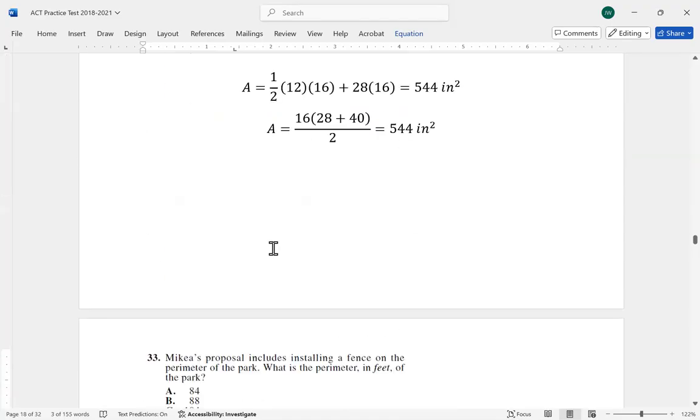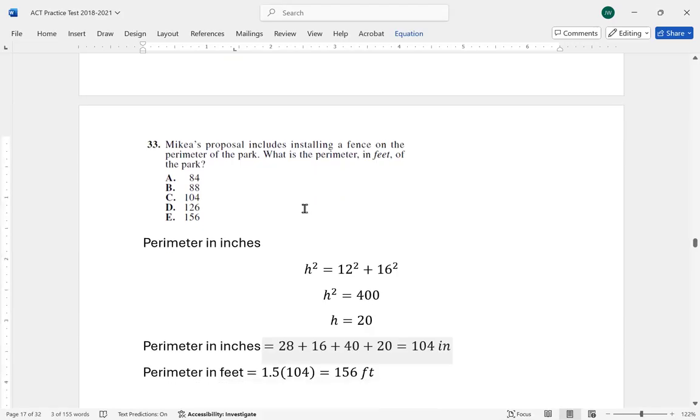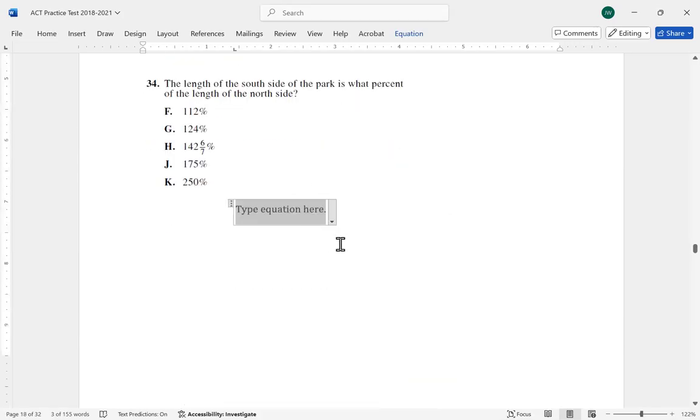Now, the south side of the park is this bottom. Notice we have this orientation key. So south side is 40 inches. North side is 28 inches, excuse me. So the south side is what percent of the north side? South side is 40. Is what percent of that 28?